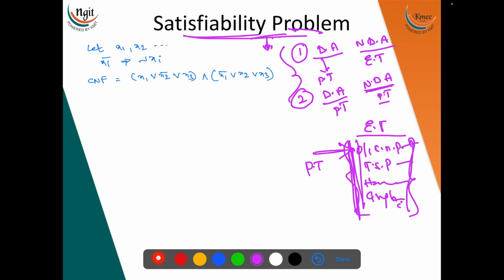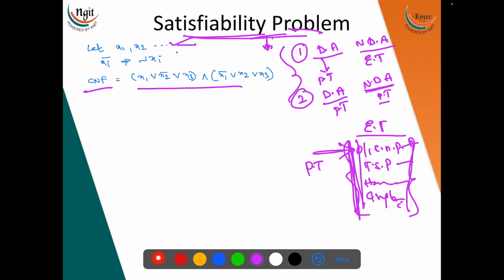Let's talk about what the satisfiability problem is. Consider a CNF formula, that is a propositional calculus formula. It deals with a set of Boolean variables x1, x2 till xn, where xi denotes Boolean variables.